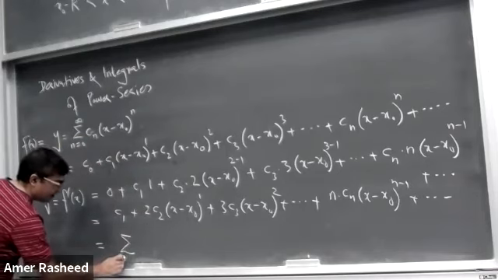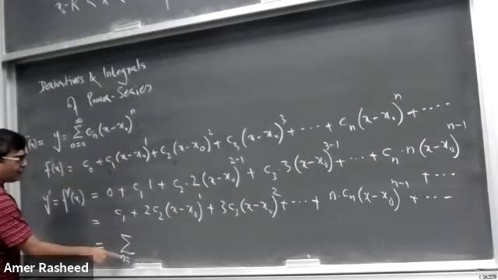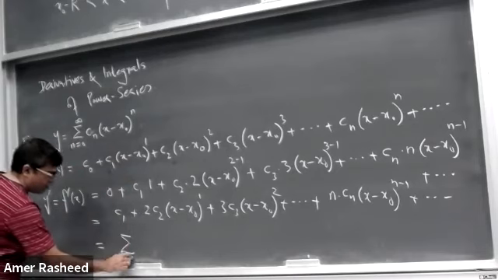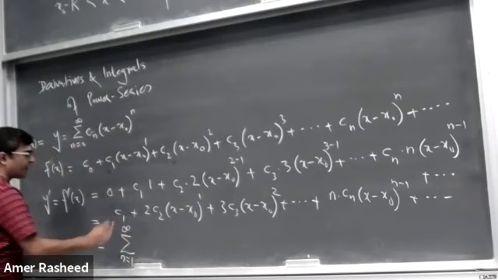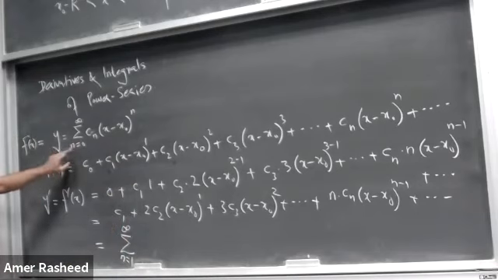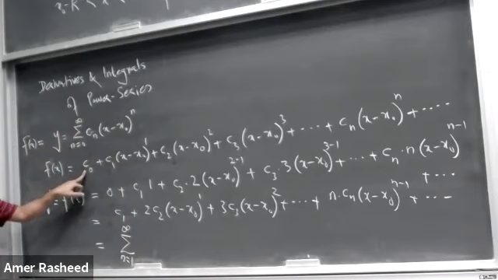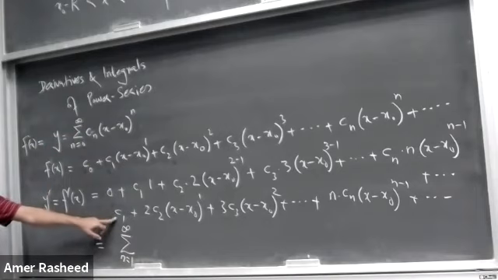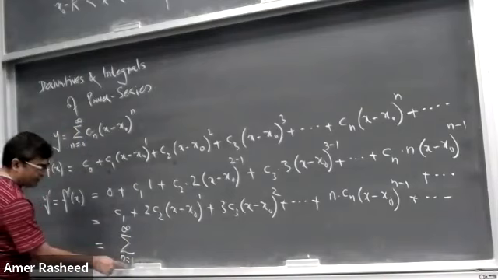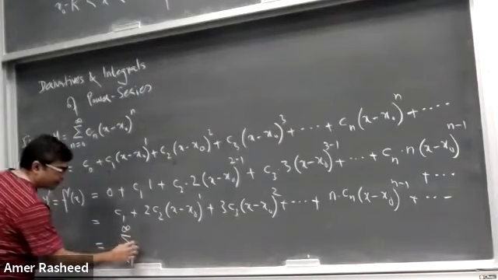Summation n from 1 to infinity. Earlier, it was n from 0 to infinity because it started from C0. Now, C0 is basically eliminated here. Now, we start with C1. So it can be written as summation n from 1 to infinity.